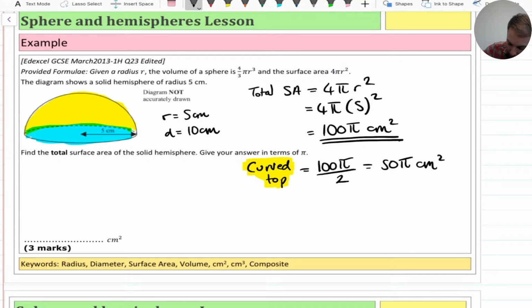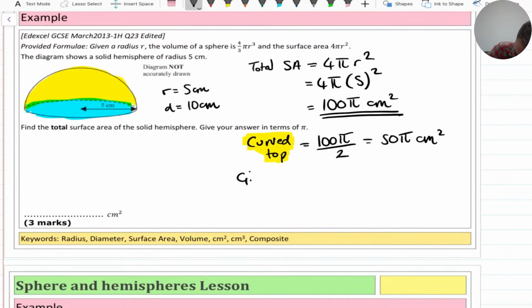Now, you need to work out what the circle on the bottom is. So my circle area of the bottom, well, we know the formula for the area of a circle is pi r squared, which is equal to pi times the radius squared, which is going to be 5 squared, which is equal to 25 pi centimetres squared.